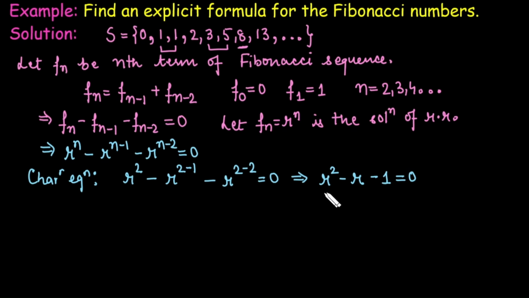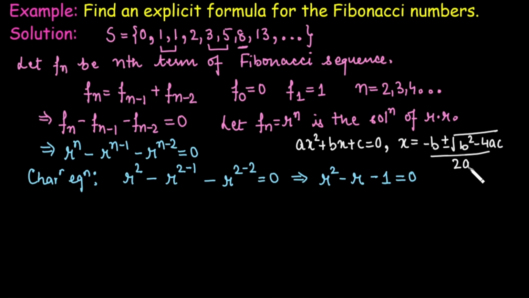Now we need to find the roots of this quadratic equation. We have the general formula for the quadratic equation ax square plus bx plus c is equal to 0: the roots are calculated as minus b plus minus under root b square minus 4ac by 2a. Now what is the value of a in this case? That is 1, the value of b is minus 1, and the value of c is equal to minus 1.